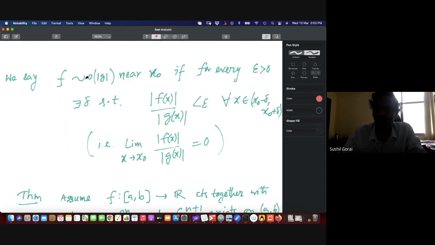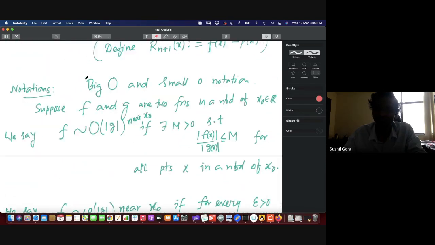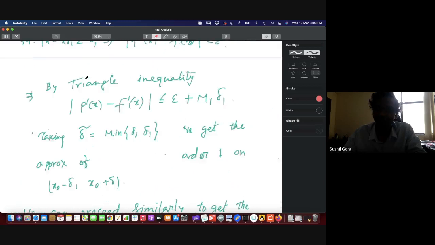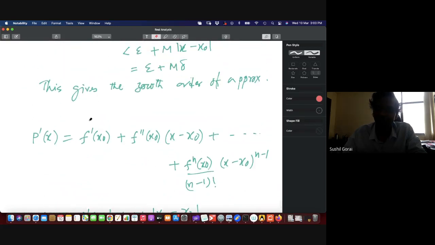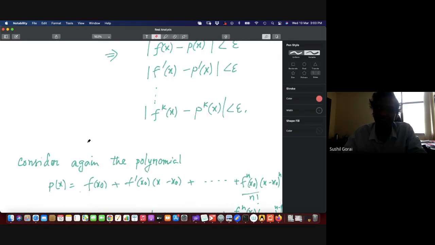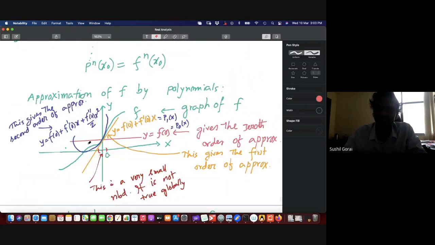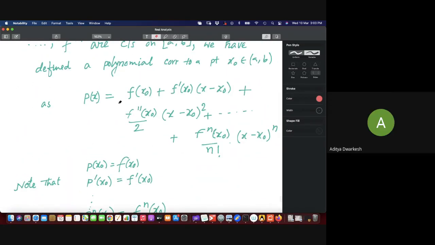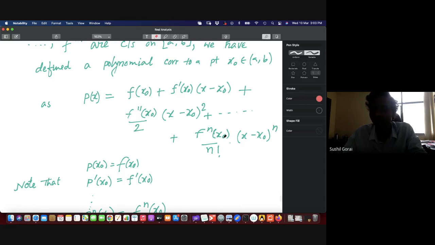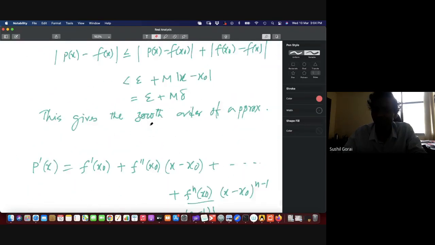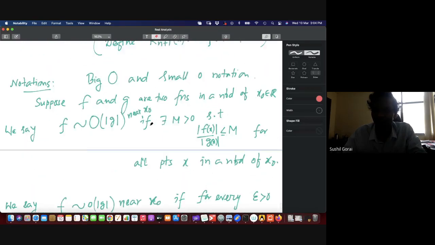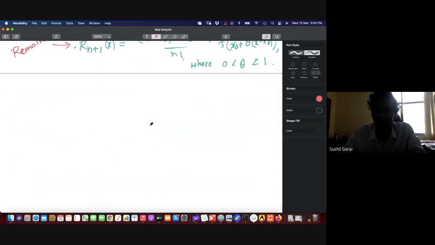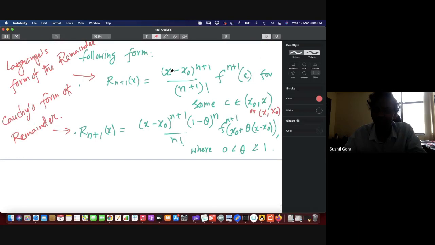And P(x) will be just f of x naught, if your n is 0. So f(x) minus f(x naught) will be (x minus x naught) times f prime of c, where c belongs to the segment between x and x naught.